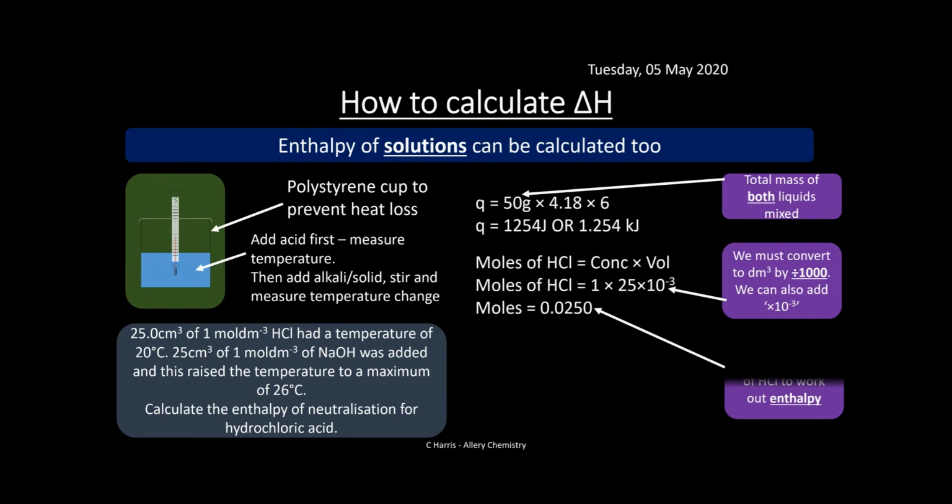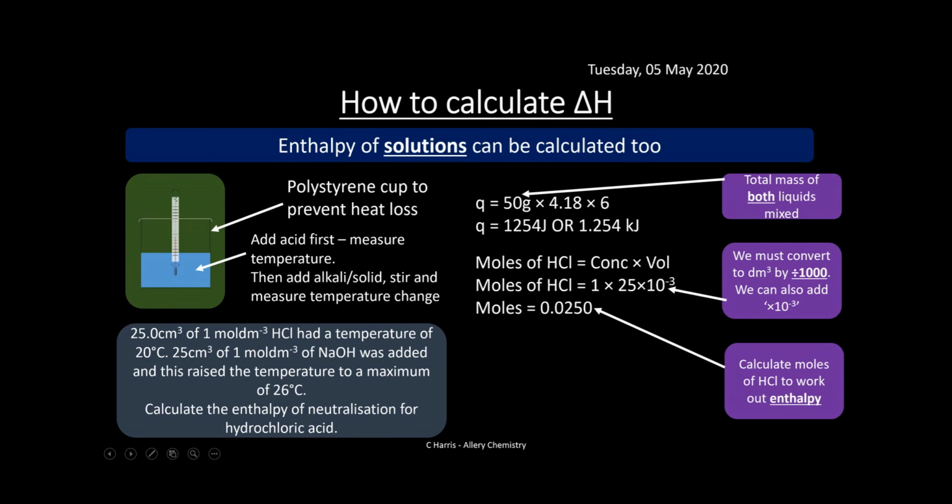So we're looking at the moles of hydrochloric acid, because that's what we're looking for: the enthalpy of neutralization for hydrochloric acid. So the moles is concentration, which is 1, times the volume. Now, notice the volume is 25 centimeters cubed, so we need to convert that into decimeters cubed.